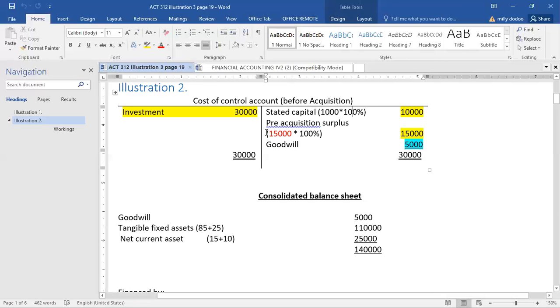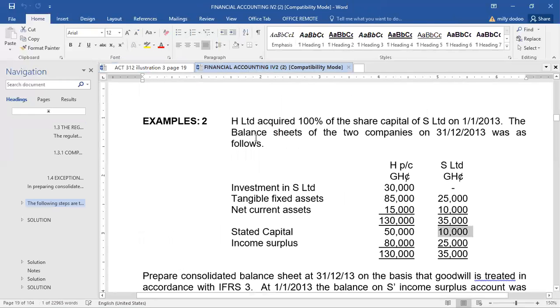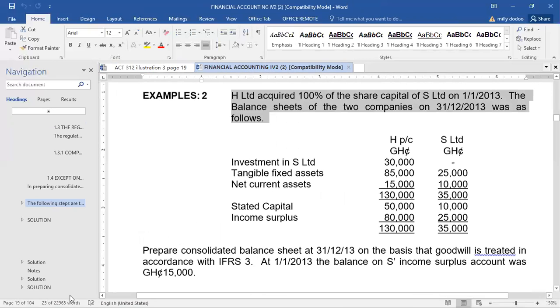Now, in this account, we look for the pre-acquisition surplus. And the pre-acquisition surplus is always given in the preamble of the question, or it will be given in the footnote.